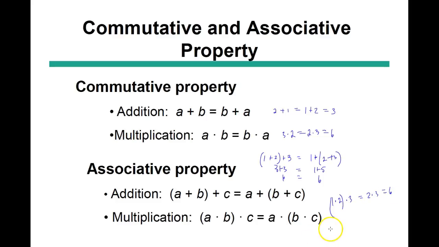And that would be the same thing as saying just 1 times, and then doing 2 times 3 first. Let me erase that and do that again. And of course that would equal 6 as well. So that is where the commutative and associative properties for addition and multiplication come in.